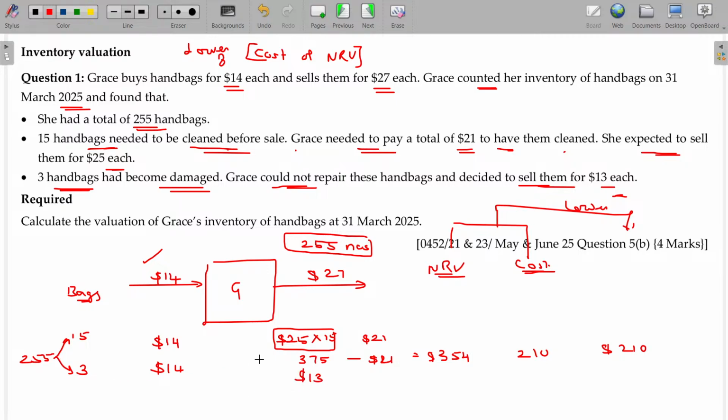So now between these two, cost or NRV, whichever is lower will be taken. 13. How many bags are there? 3 bags. So the total value being $39. Clear?